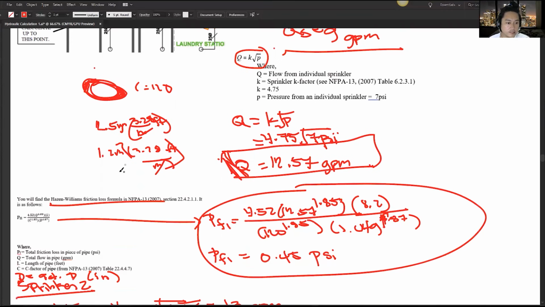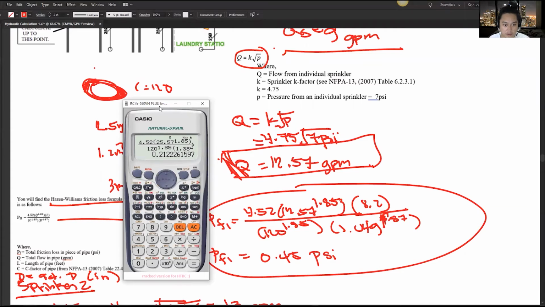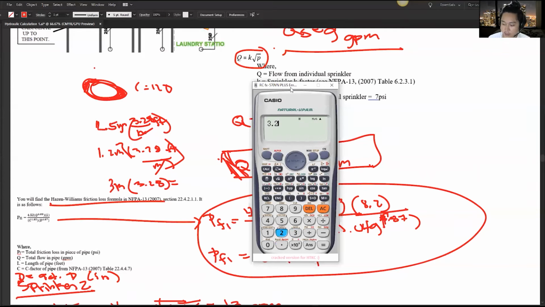All we need to do is convert that: 3 meters times 3.28. I'll leave the unit analysis to you, and let's go directly with 3.28 times 3.